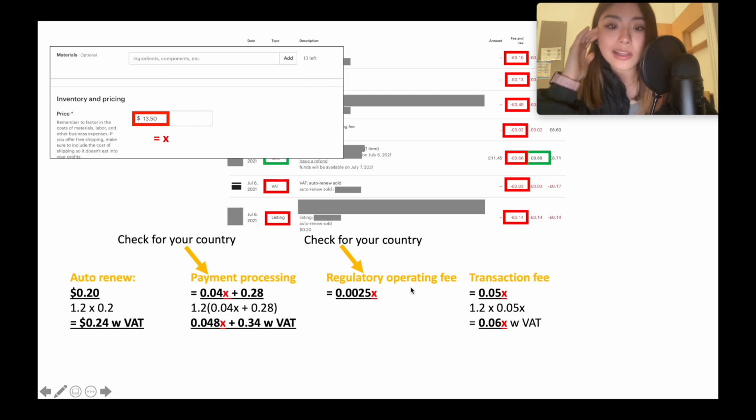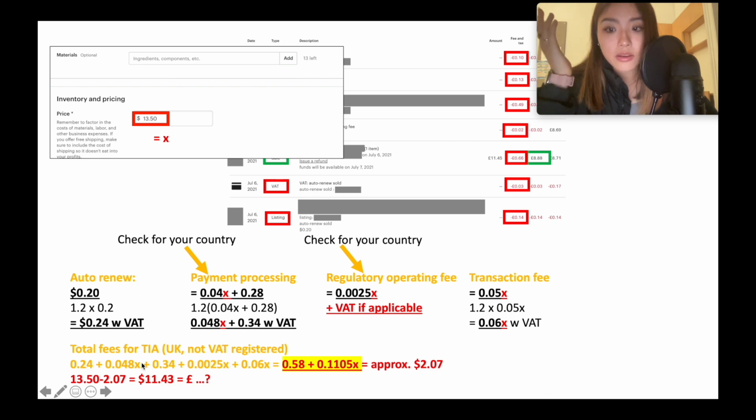And then for the regulatory operating fee, again, you need to check with your country, but that's going to be 0.25% in the UK, which is 0.0025 times your price that you've decided on, and then the transaction fee as well, so that's 5%, and with VAT that's going to be 1.2 times 5%, which is 0.06x with VAT.